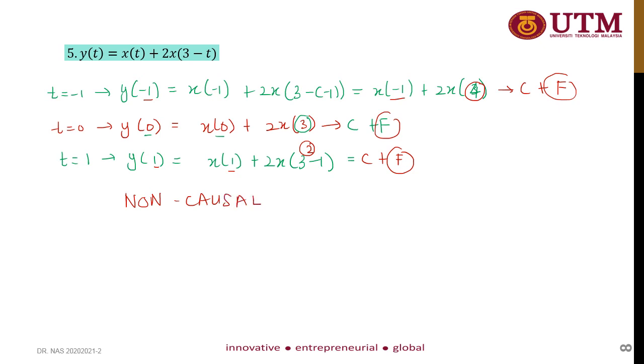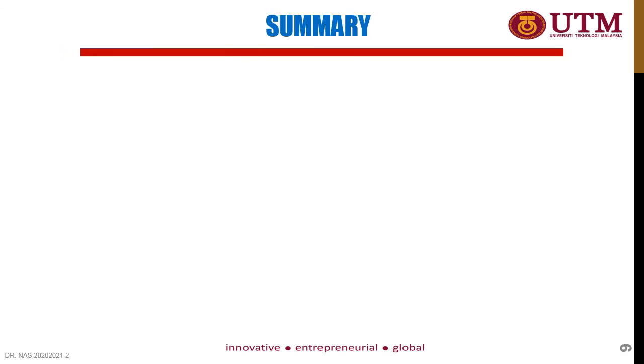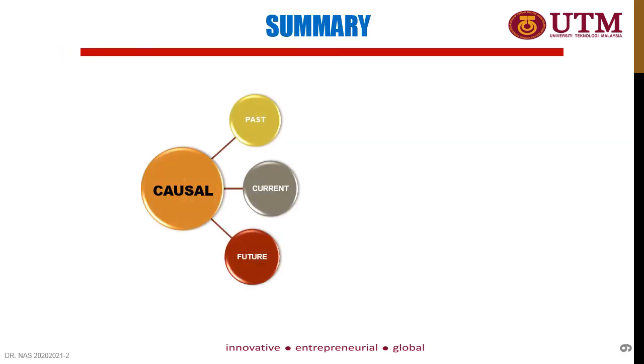Okay, I hope that you have made yourself clear with those examples. In summary, the system is said to be causal when the equation consists of past states, current state, or a combination of past plus current state. But the causal system cannot have future values at all, only past state and current state.